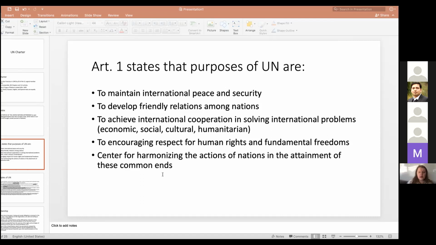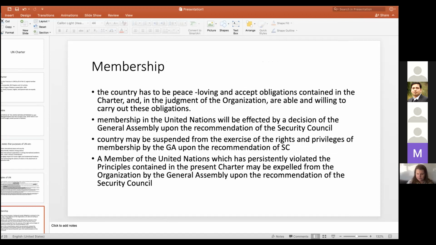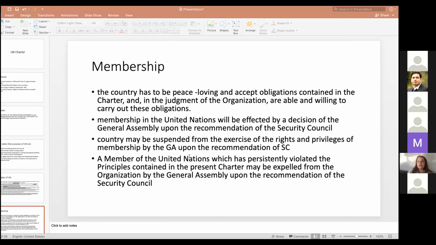Article 4 consists of requirements which a state has to fulfill to join the UN. Basically, the country has to be peace-loving and accept the obligations contained in this Charter.